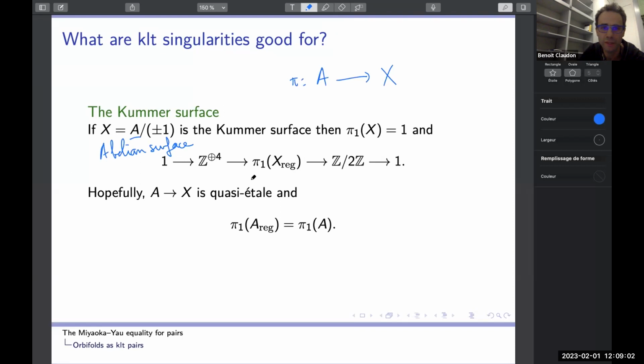So it's 2 to 1, and so this X is singular, and it's not hard to compute the pi1, and this group is trivial.